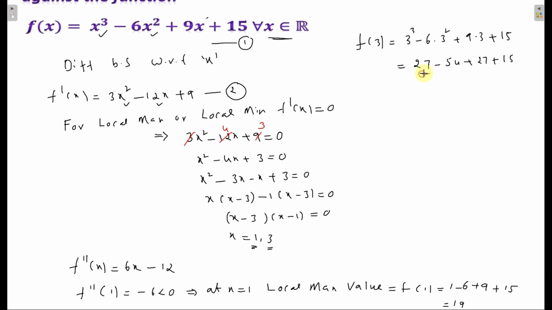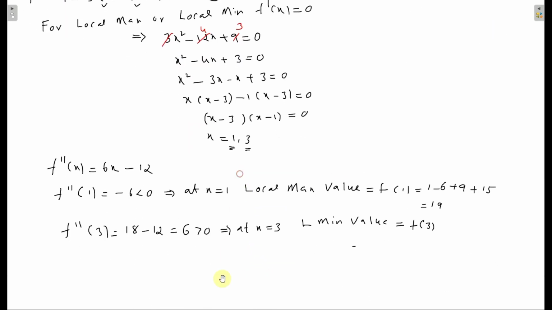Now 27 plus 27 is 54, minus 54, so plus 54 and minus 54 cancel. We will get the final answer 50. That means the local minimum value here is 50. So this is the answer.